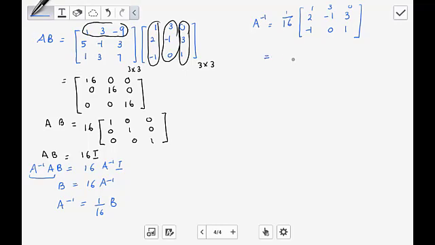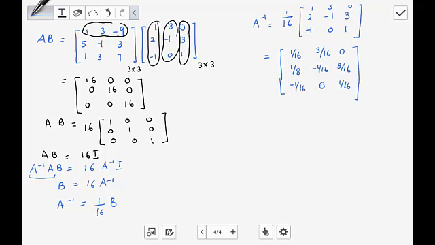You have to multiply the 1 over 16 in. So we will get 1 over 16, followed by 3 over 16, followed by 0. Next, 2 over 16 can be written as 1 over 8, followed by negative 1 over 16, followed by 3 over 16. Next is negative 1 over 16, 0, 1 over 16. So this is our A inverse.